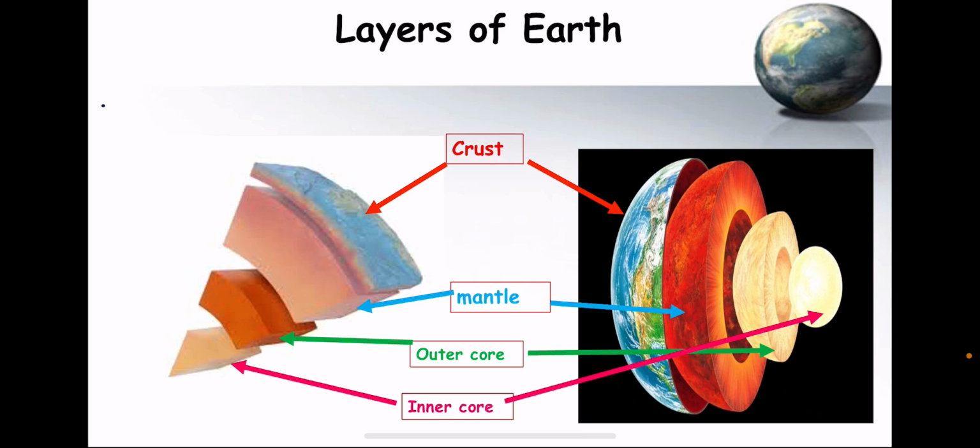So the earth's crust is the outermost layer, and the mantle is below the crust. And you can see the crust, mantle, outer core and inner core.